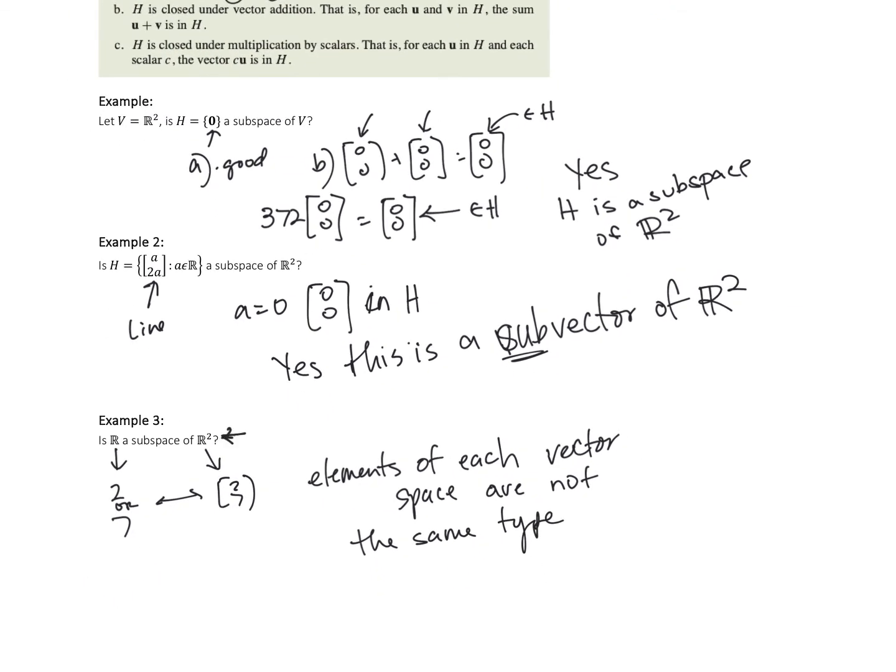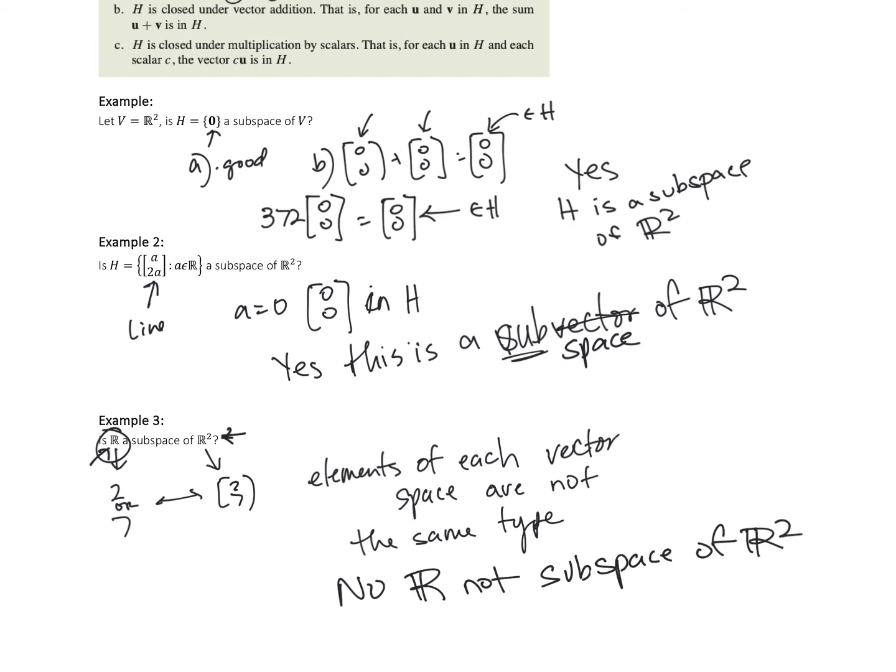Here we're talking about vectors with 2 elements, and here we're just talking about single numbers. Because they're not the same type, there's no way that this is a subset. So no, R is not a subspace of R2.